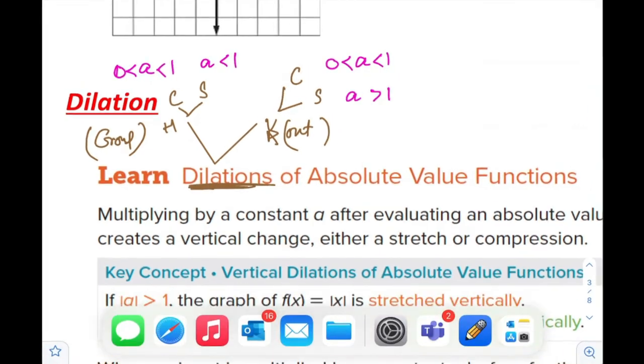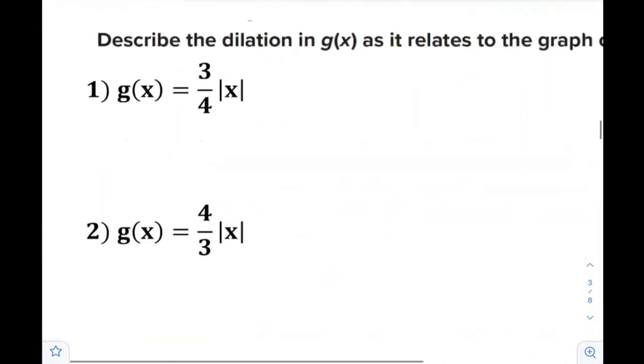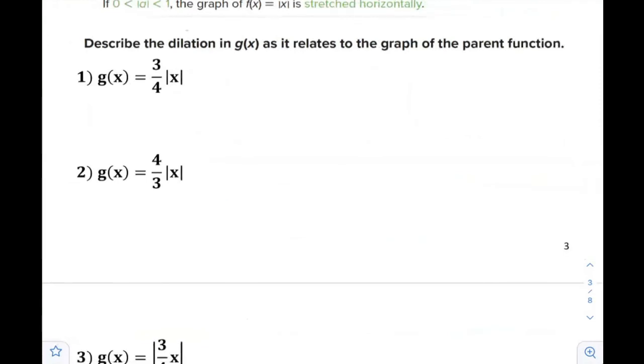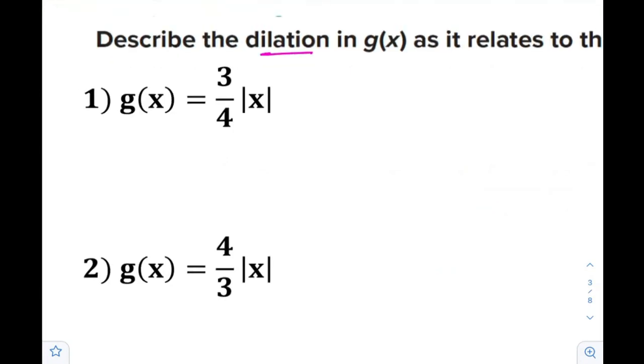Let's apply all these factors here. I have used on purpose the same numbers 3 and 4, 3 over 4 or 4 over 3, in and out to see the difference. Describe the dilation in g of x as it relates to the graph of the parent function. 3 over 4 outside, multiplication outside the group, so it is affecting vertically.